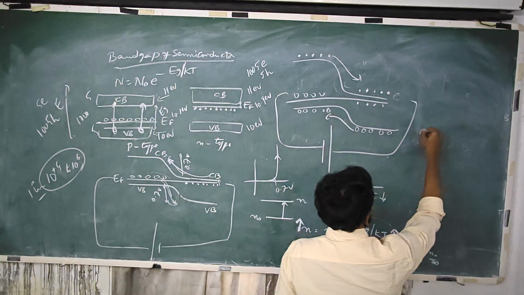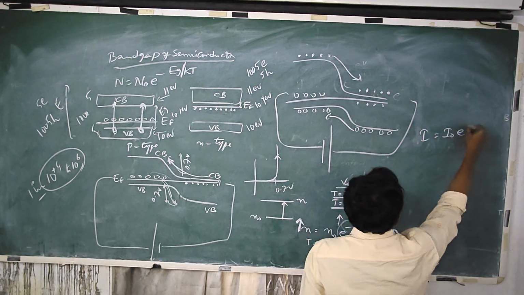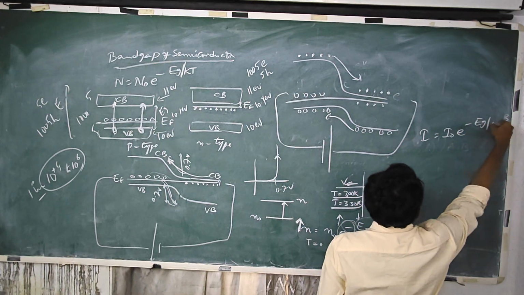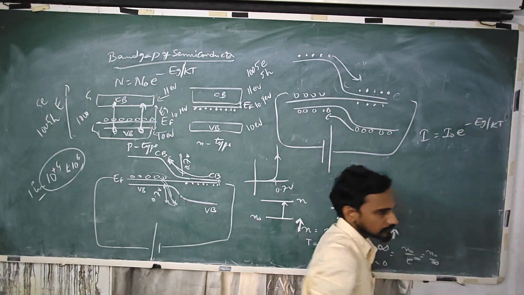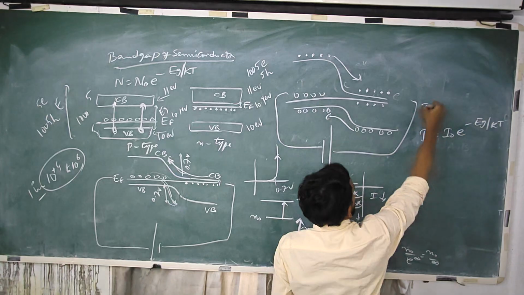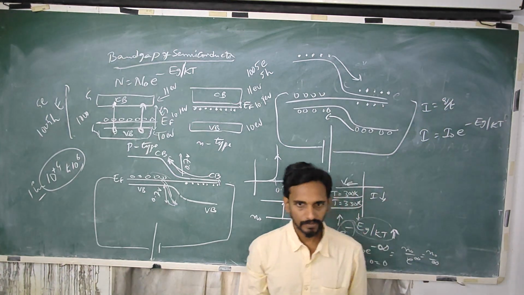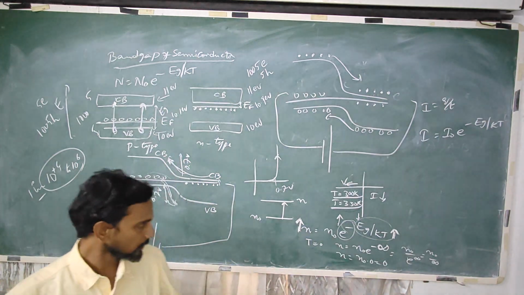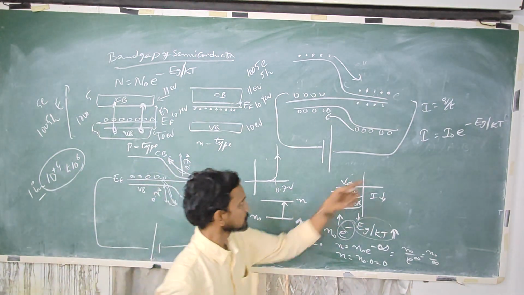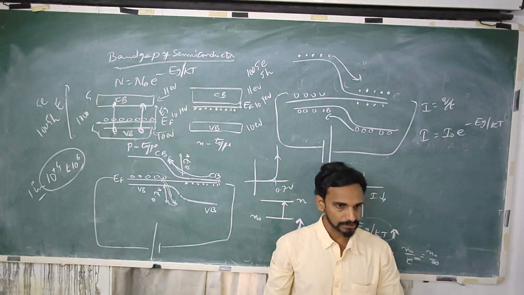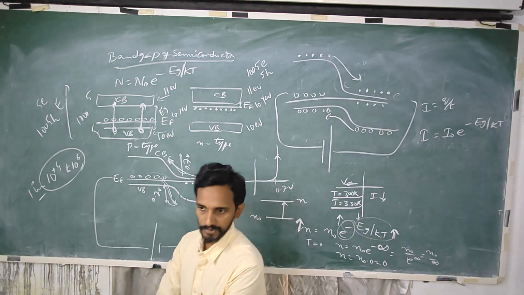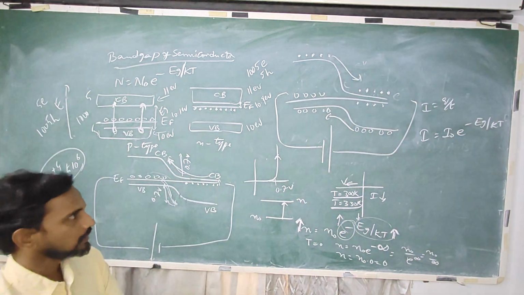So current, I is Q by T, number of carriers by time. So if you introduce time into this equation, you get I is equal to I naught e power minus Eg by kT. Okay.